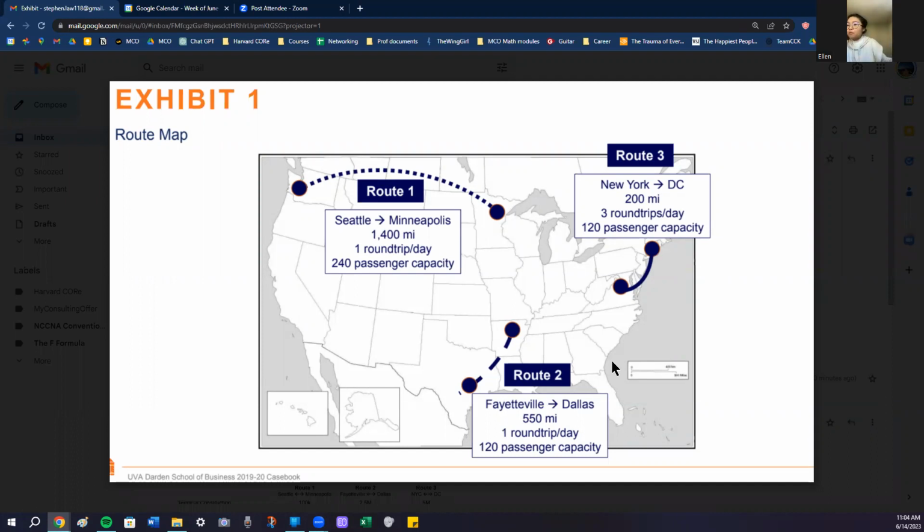And for the second route with 300, that would be $3.3 million per year. Finally, for the last one, it would be 40,000 times 300. That'd be $12 million per year.